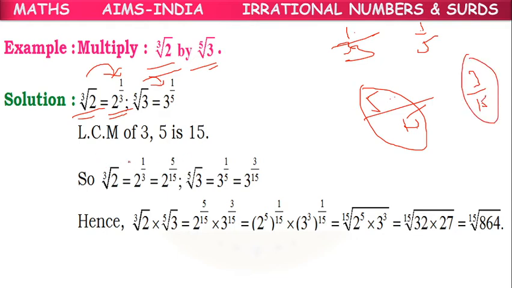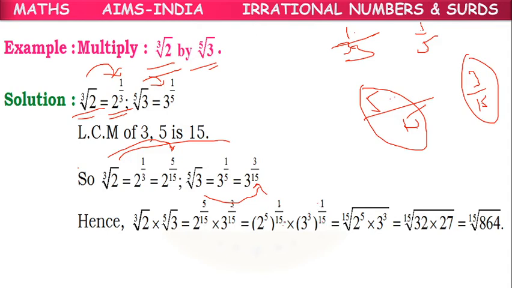So this is written as 5 by 15, and this is written as 3 by 15. So 2 will have power 5 with 1 by 15 separate, and 3 will have power 3 with 1 by 15 separate.